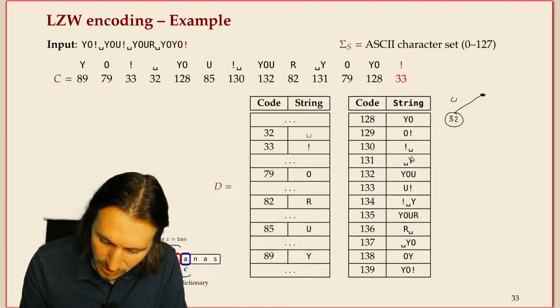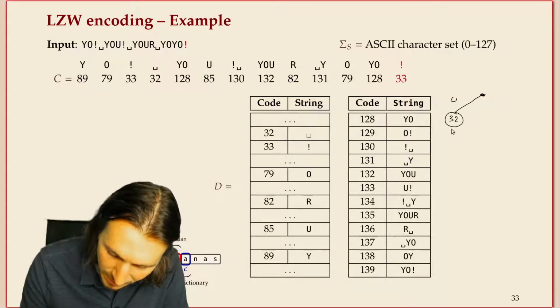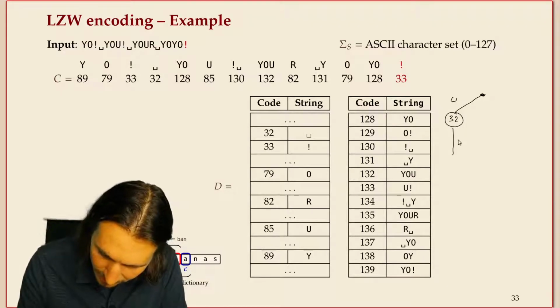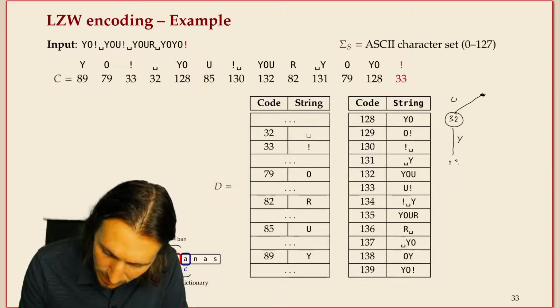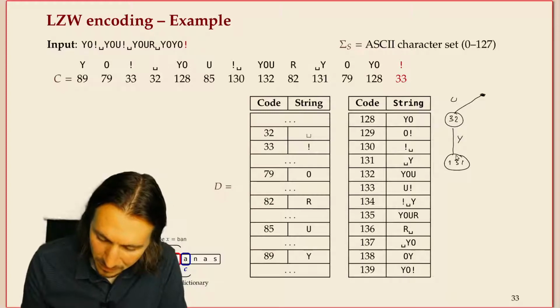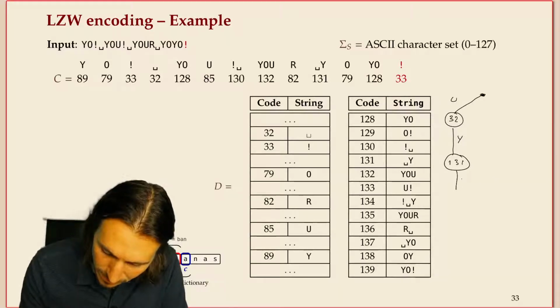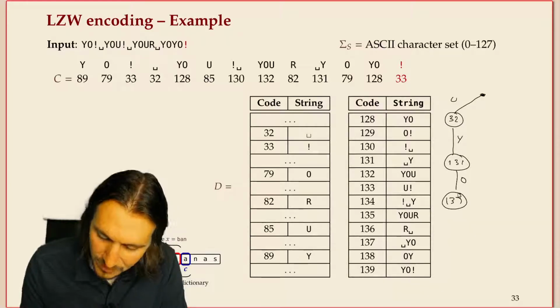But we could also continue reading space Y, and I think that's the only character. So with space Y, we get to another node, 131, and there's also space YO, which gets us here, 137.